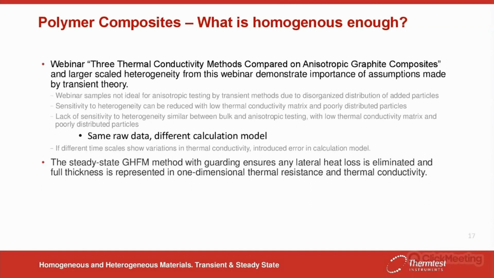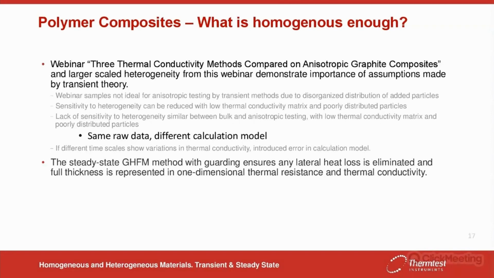Steady state guarded heat flow meter ensures any lateral heat loss is reduced and eliminated, and that the full thickness is represented in a one-dimensional thermal resistance. So between these two series of webinars and others, we've really touched on layered structures and small particle composites that are anisotropic, well dispersed and not well dispersed, organized and not organized.